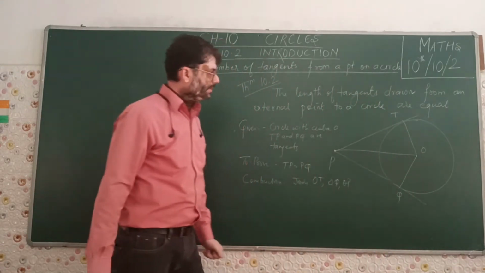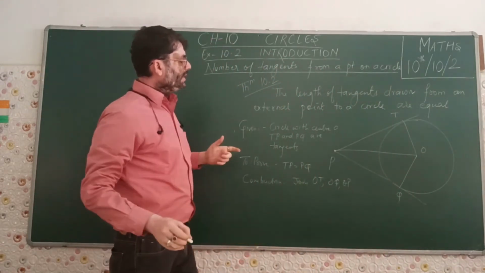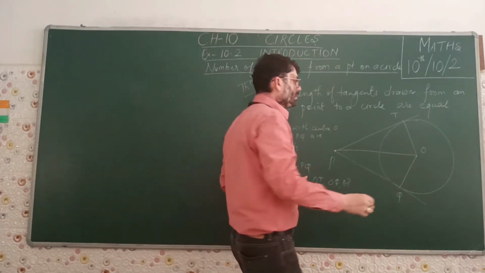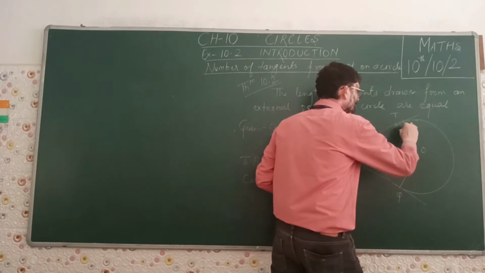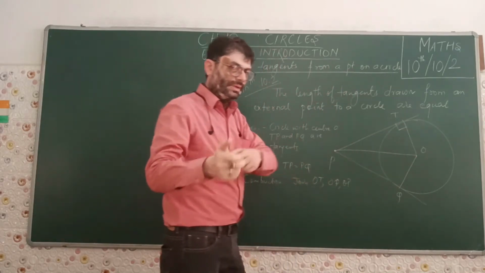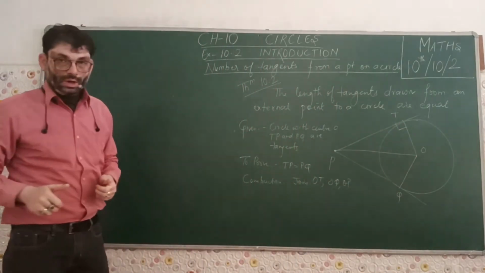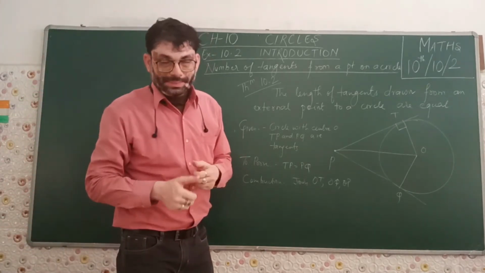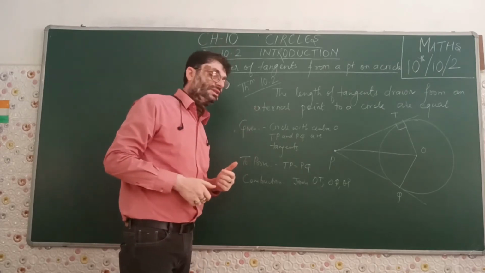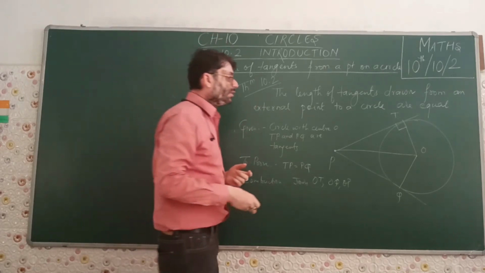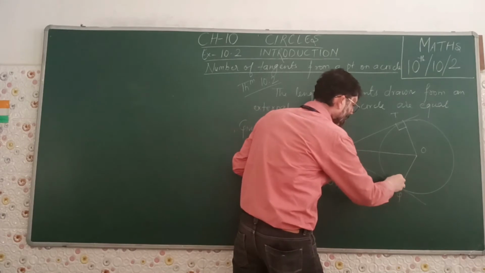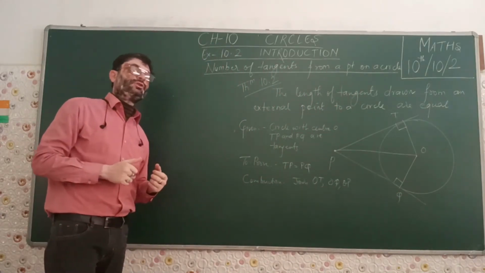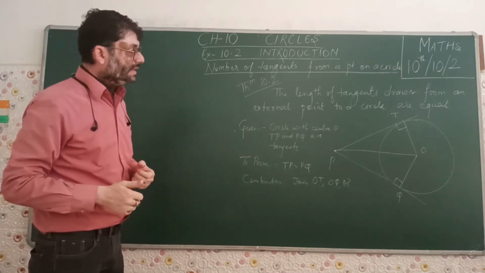We have joined. Now, as soon as we have joined OT, can we say that OT is perpendicular to PP? Yes, we can say. By theorem 10.1, radius and tangent at a point are perpendicular to each other. This we have proved in theorem 10.1. Similarly, we can also say OQ is perpendicular to PQ by theorem 10.1, that the radius and the tangent at the point of contact are perpendicular to each other.